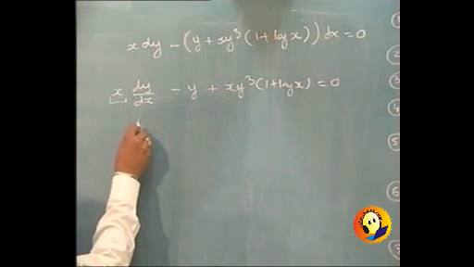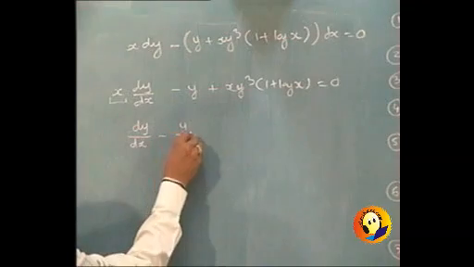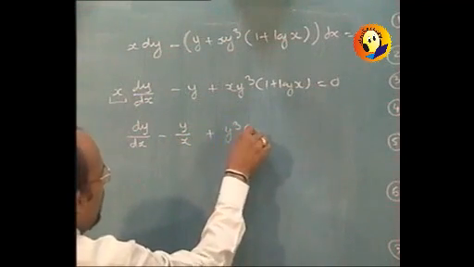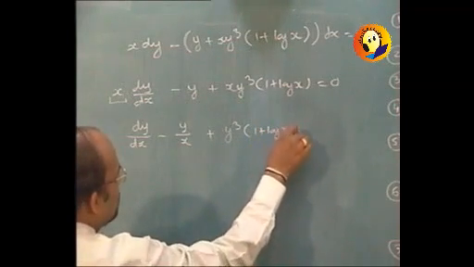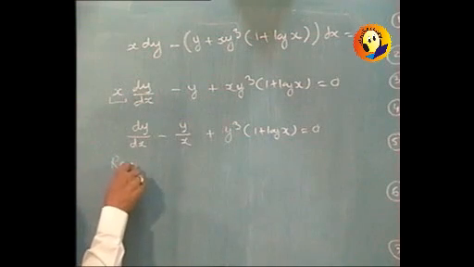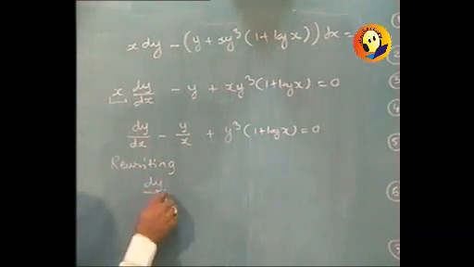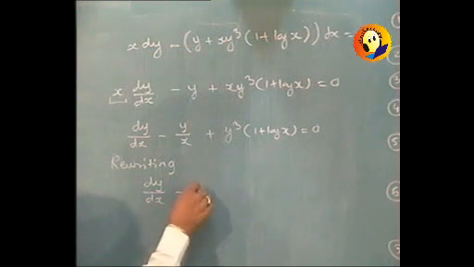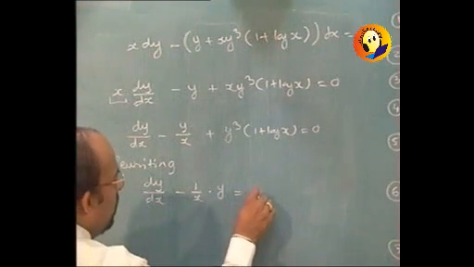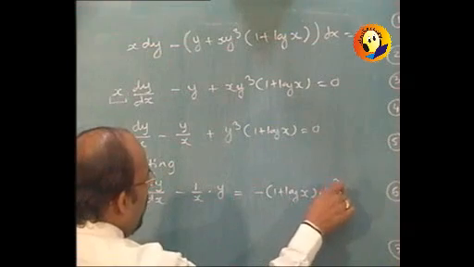So we divide by x to get the form as dy by dx minus y upon x plus y cube into bracket 1 plus log x equal to 0. Rewriting to match with the form, it is dy by dx minus 1 upon x into y equal to minus 1 plus log x into y cube.